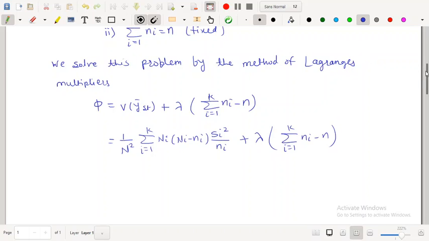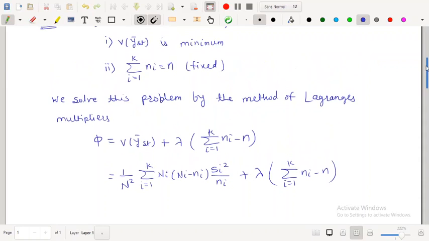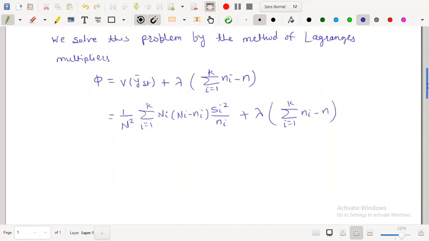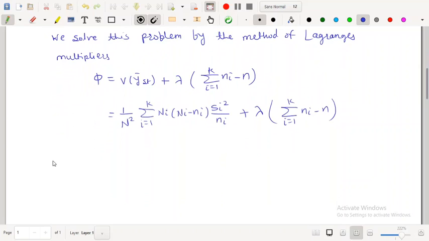We find the value of ni by using this equation dou phi by dou ni equal to 0, and for that value of ni the variance of Y bar st is minimum and summation of ni is equal to n, fixed. So consider dou phi by dou ni.